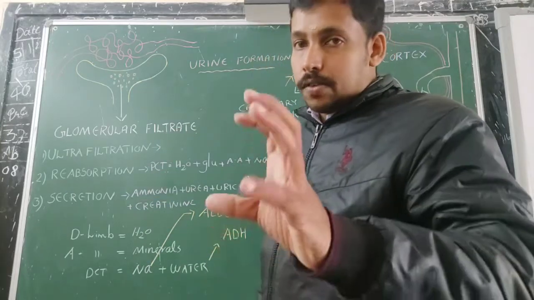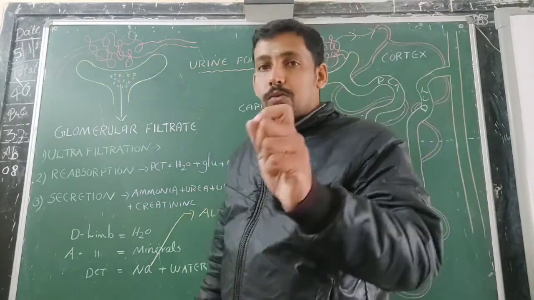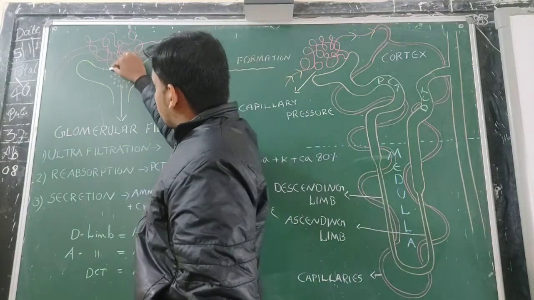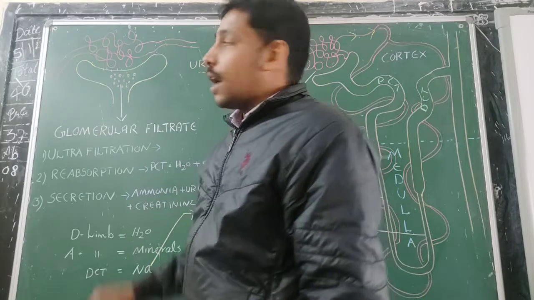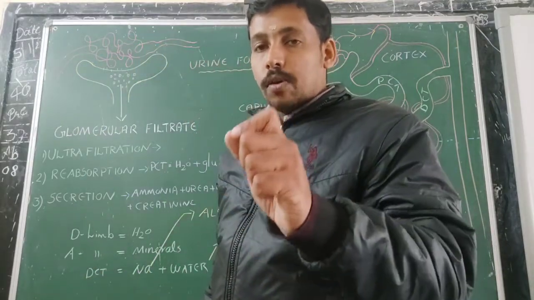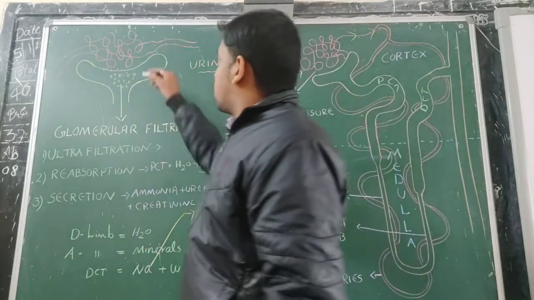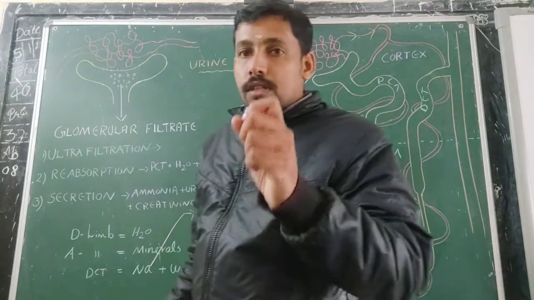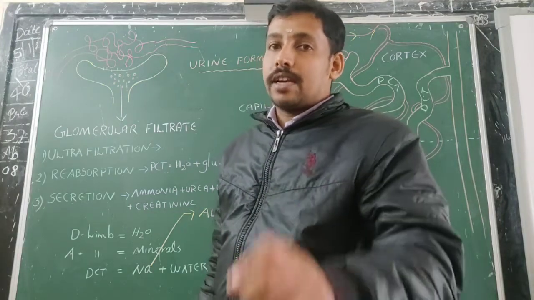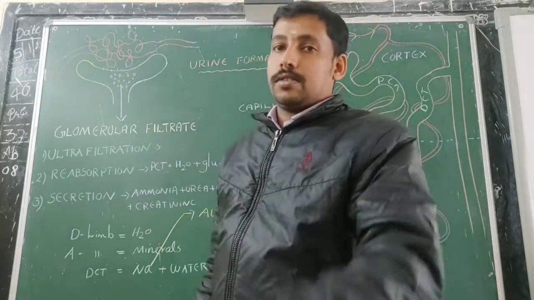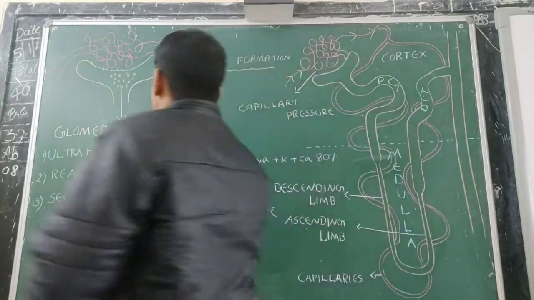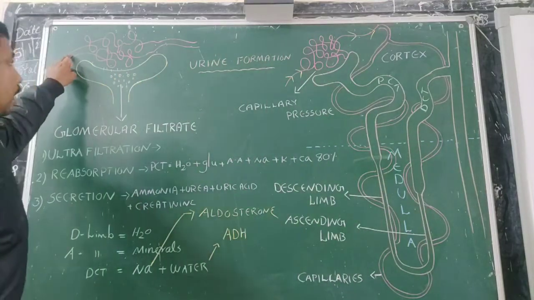For ultrafiltration, there are two membranes: the membrane of the Bowman's capsule and the glomerulus. The wall of the glomerulus and Bowman's capsule are very thin and act as a semi-permeable membrane, and they will act as very good filters.